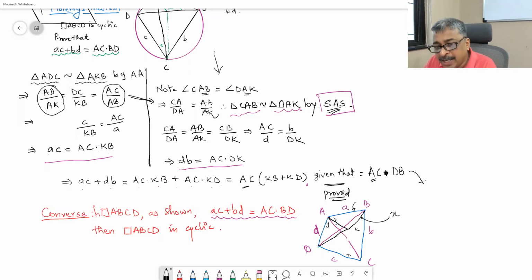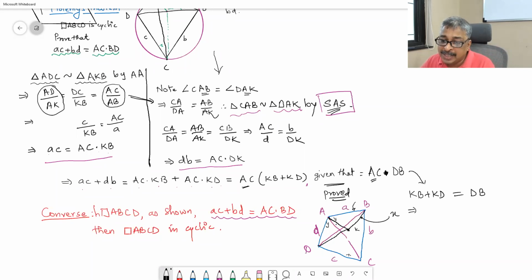What we end up getting here is, therefore what must be true? KB plus KD must be equal to dB. Oh, so this point K, which we have drawn away from this diagonal BD, cannot be away from the diagonal BD. It has to be there on the diagonal DB.